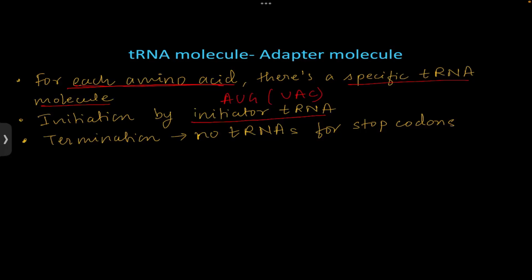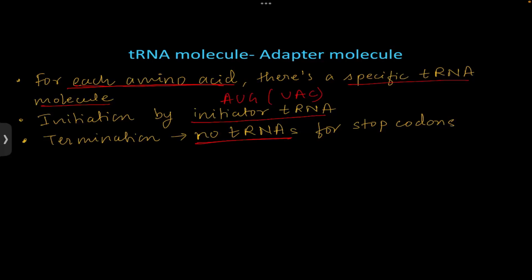Now, when termination is going to happen, the sequence of the amino acids has reached towards the end, okay? So how will that termination happen? It will not happen through tRNA, because at the end you will find a stop codon, like UAA, UGA, or UAG.